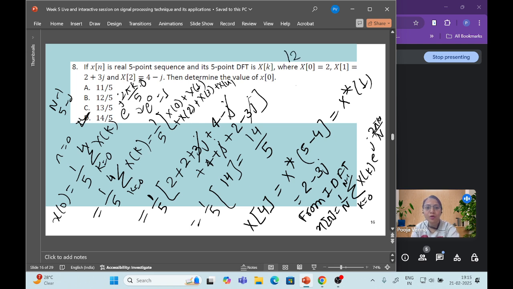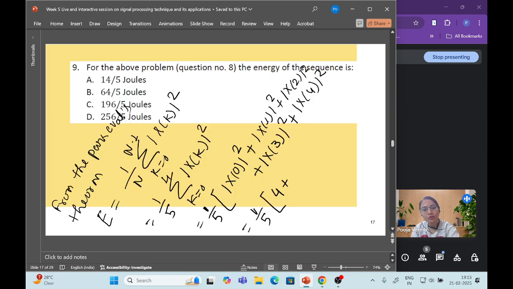So mod 2 plus 3j square. It will be the root of 2 square plus 3 square, so 4 plus 9, root of 13. So root of 13 square will be 13 only.